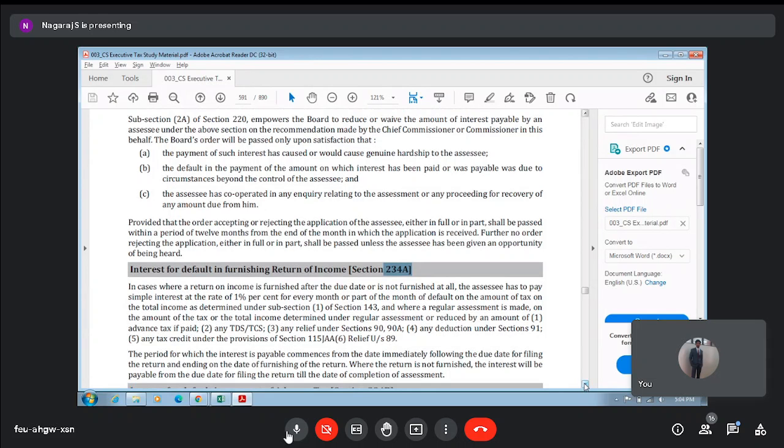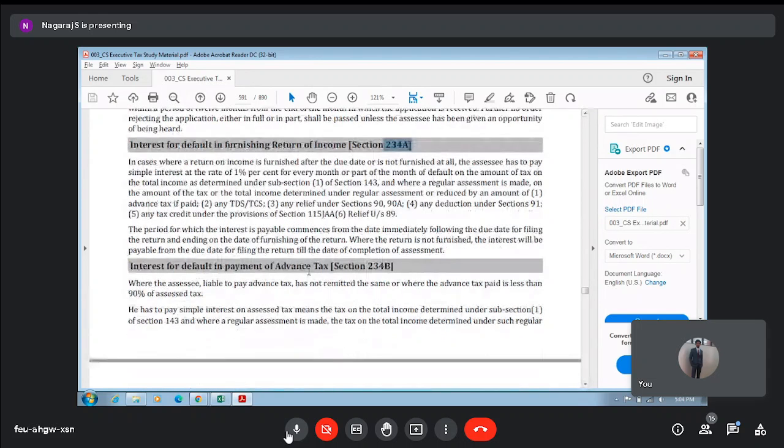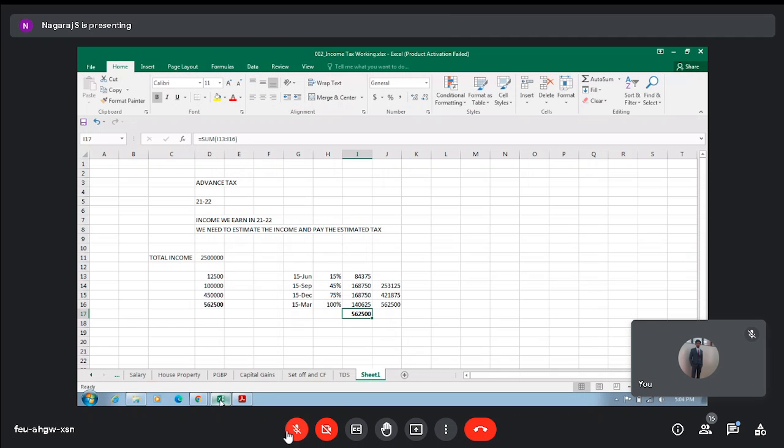Next, 234B: interest for default in payment of advance tax. Default in payment means you should have paid the advance tax, but you did not. Assume the advance tax liability is 5,62,500.